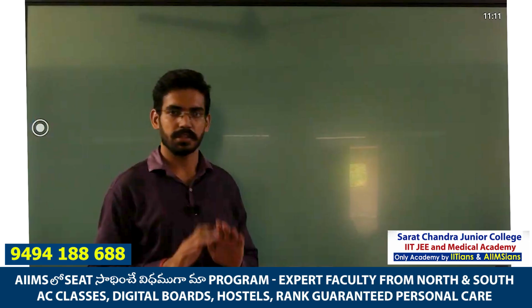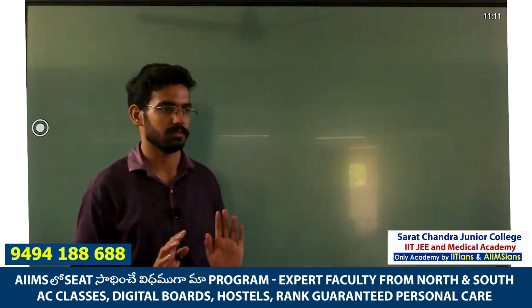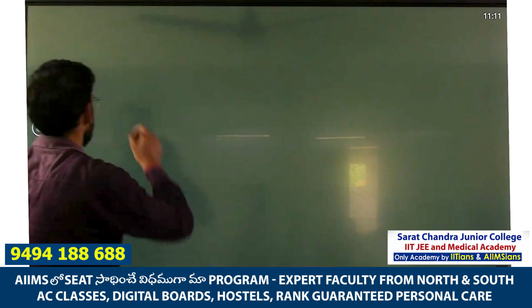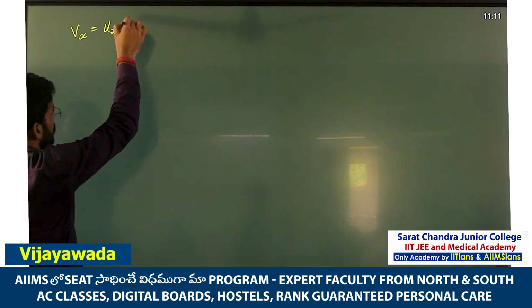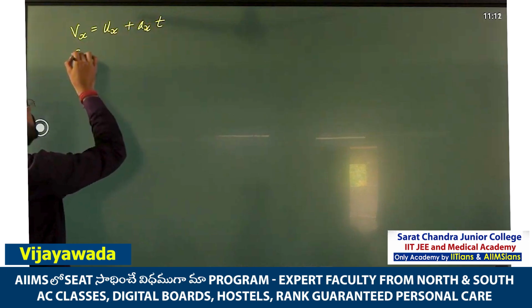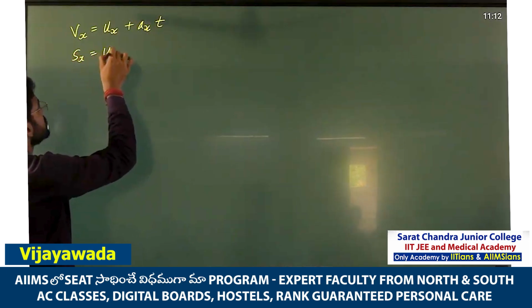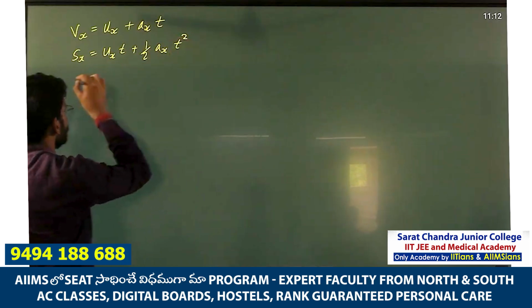If it is constant in x direction, you can apply the equation of motion in x direction. How you will apply? Vx is equal to ux plus ax into t. Sx is equal to ux into t plus half ax into t square.